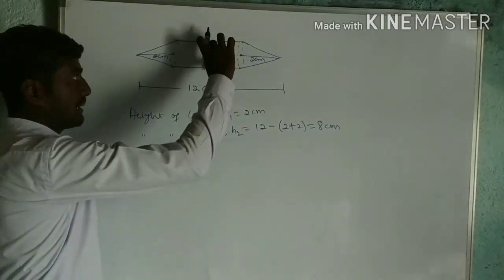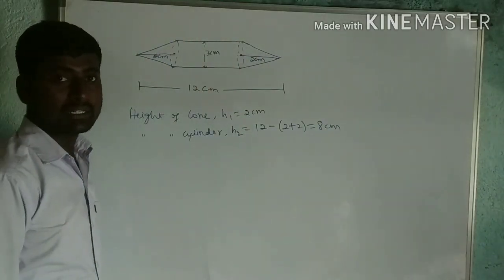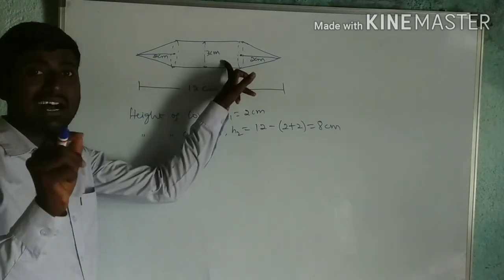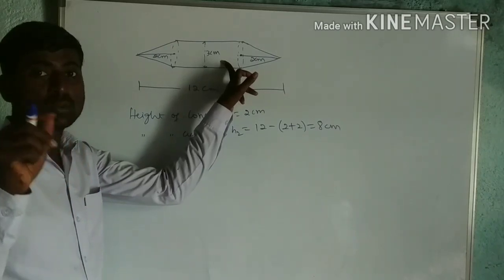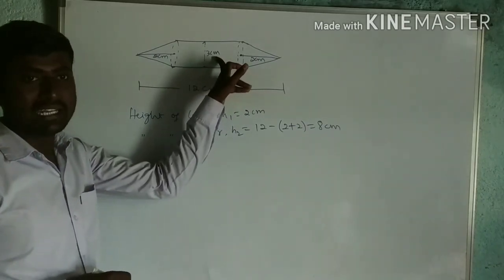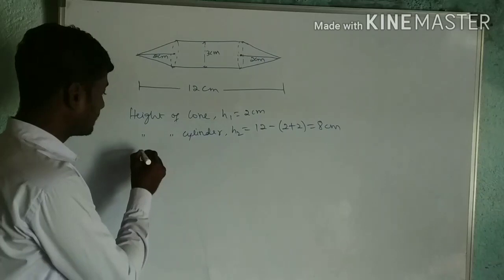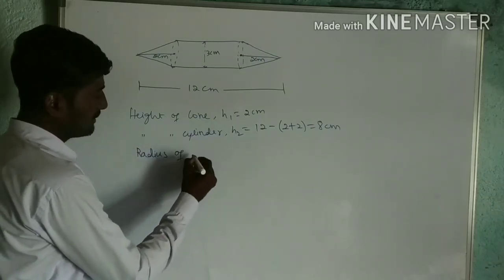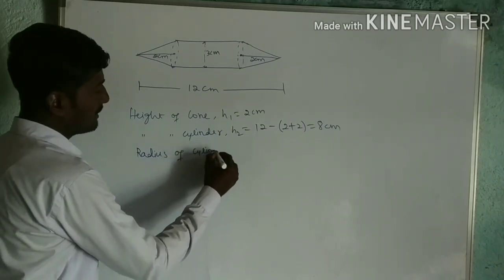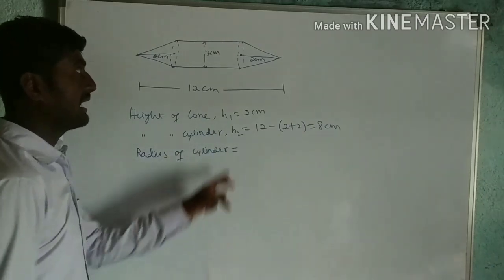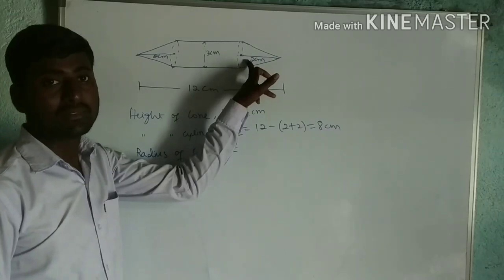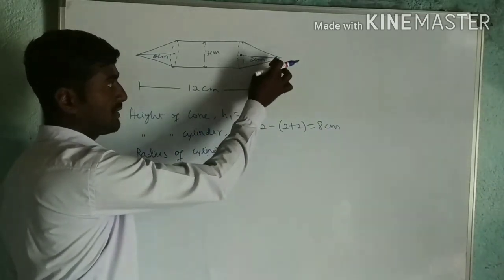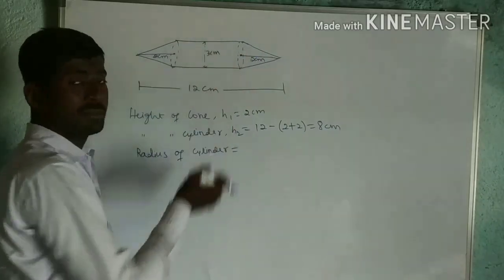Next, the diameter of the cylinder they have given is 3 centimeter. To find the volume of the cylinder, we need r and h. Since the diameter is given, we have to find the radius. Here the radius of the cylinder as well as the radius of the cone are the same, because the circular base of the cone and the circular base of the cylinder are the same.